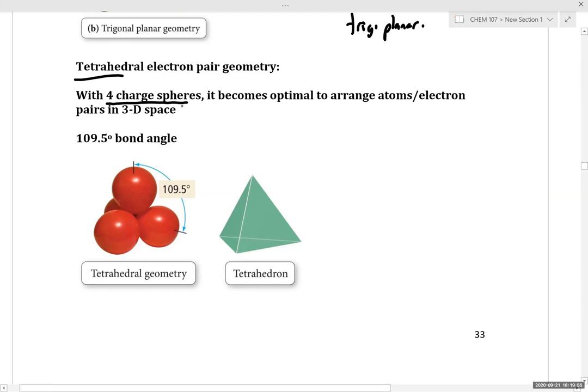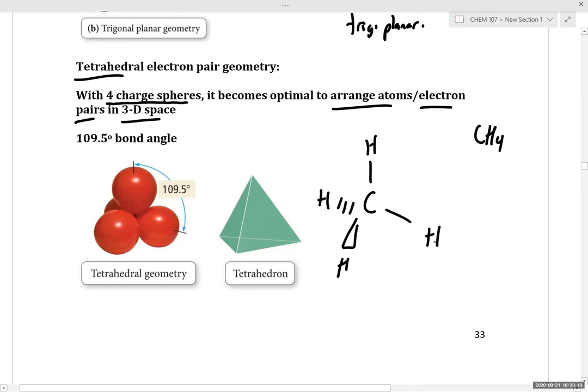When you have 4 charge spheres, it becomes optimal to arrange your atoms and electron pairs in 3D space. So the tetrahedral geometry has 3-dimensional character. For example, in the case of methane, each of your bonded hydrogen atoms is arranged in 3-dimensional space, and we have a bond angle of 109.5 degrees.